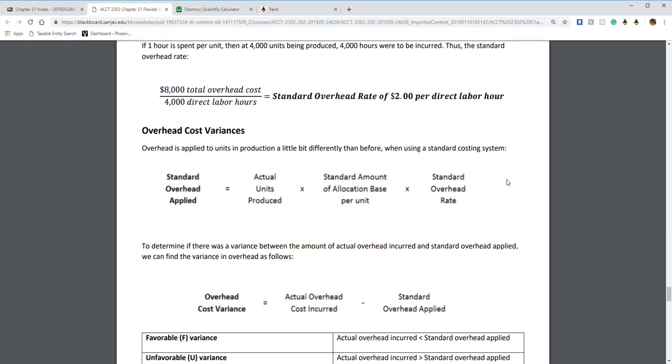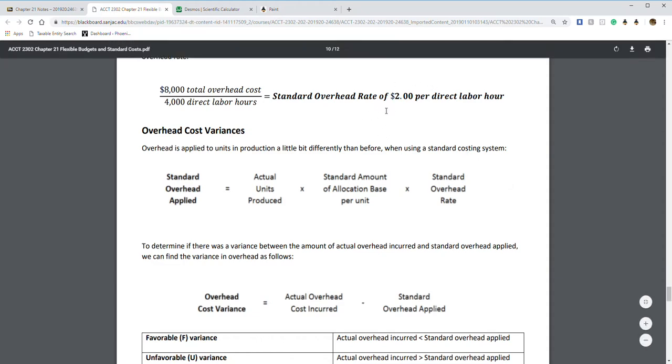Okay, the overhead cost variance. The formula for standard overhead applied is actual units produced times standard amount of allocation base per unit times standard overhead rate. So that definitely means we're going to be using this $2 soon.